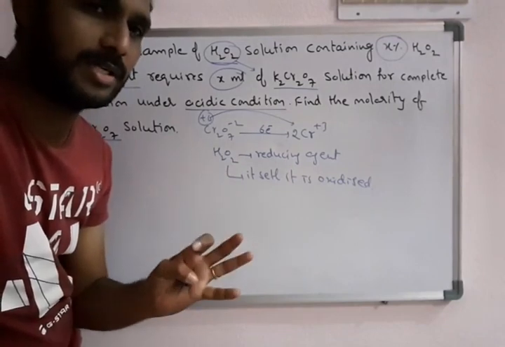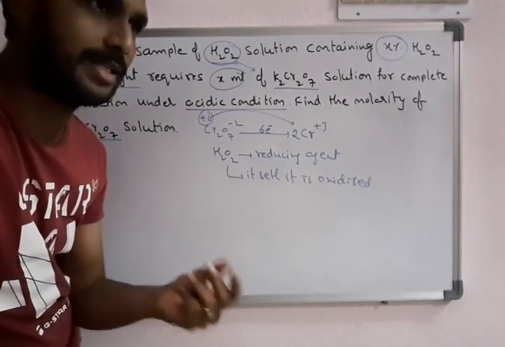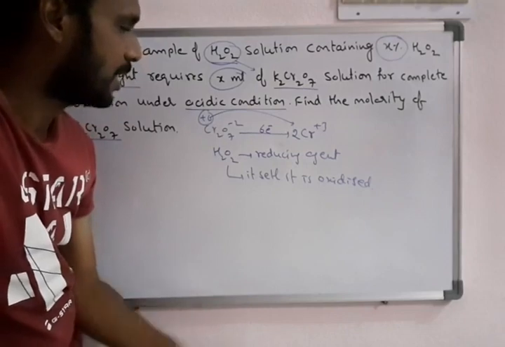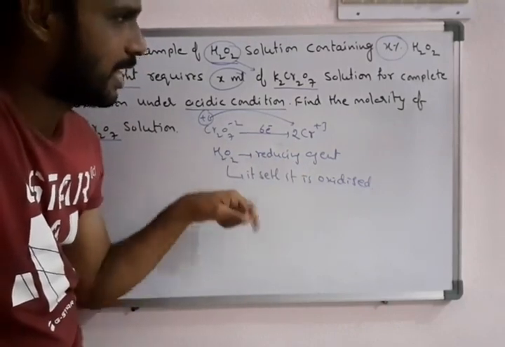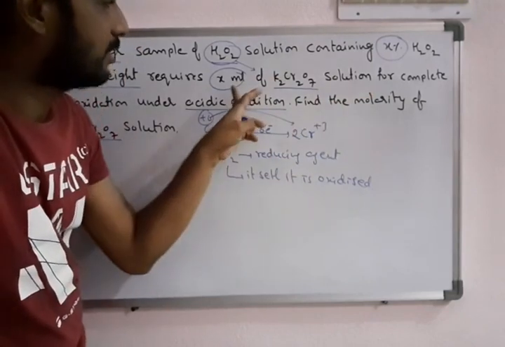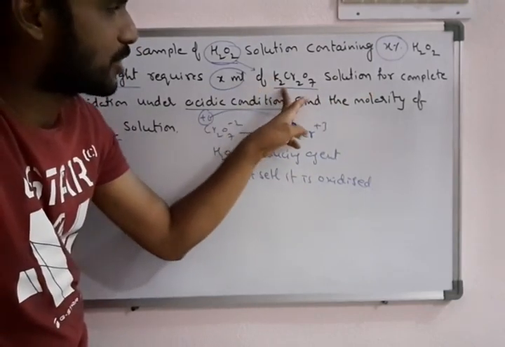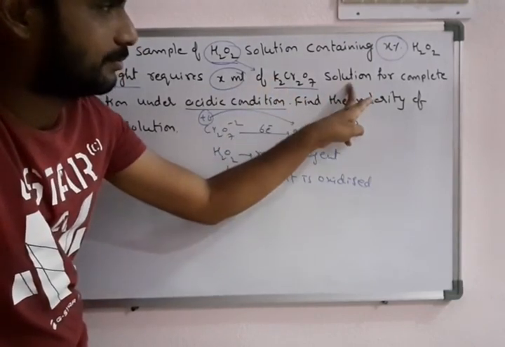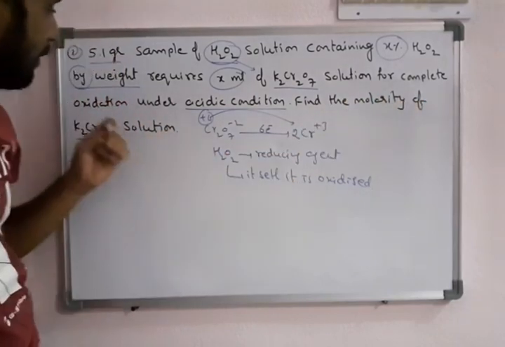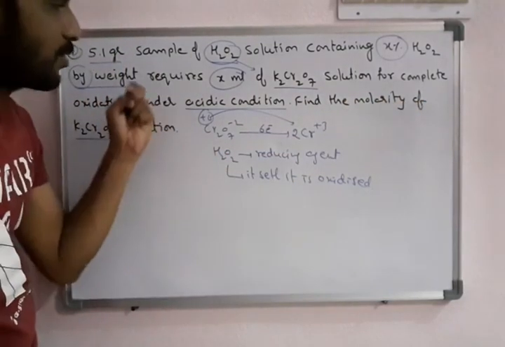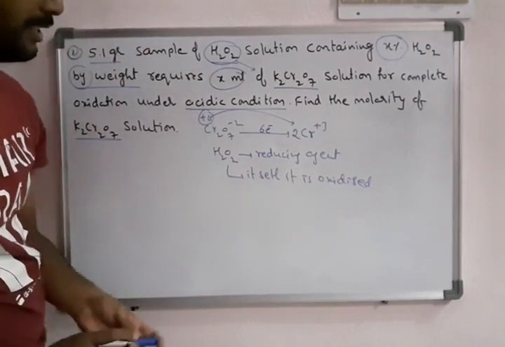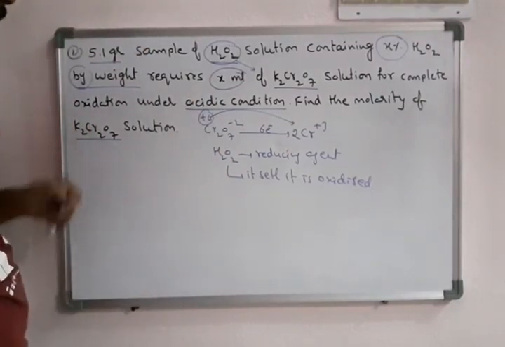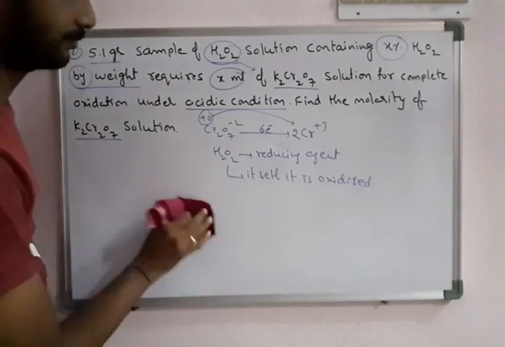Hydrogen peroxide works as oxidizing agent or reducing agent. Here it works as reducing agent, means itself it is oxidizing. It is given that X milliliter of potassium dichromate solution is required for complete oxidation of this hydrogen peroxide in acidic medium. So we need to find the molarity of that potassium dichromate solution.